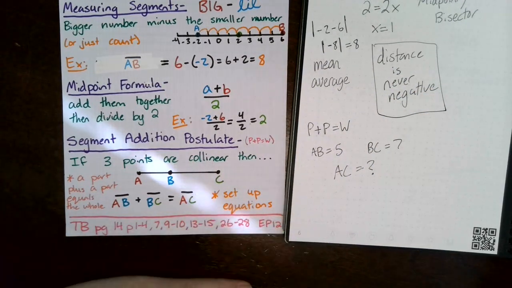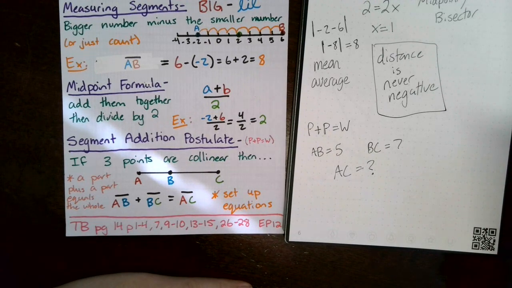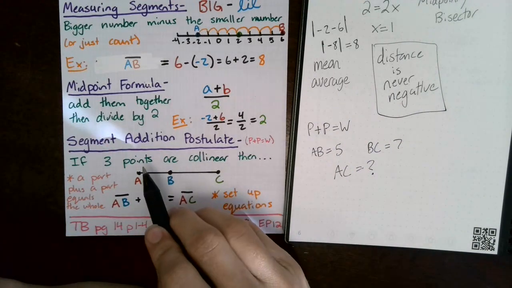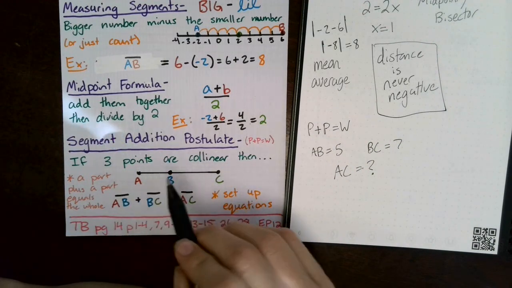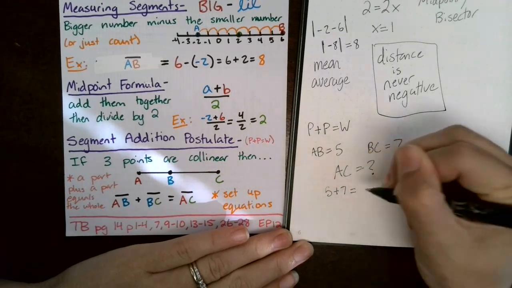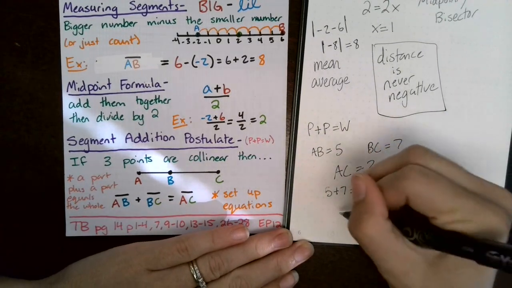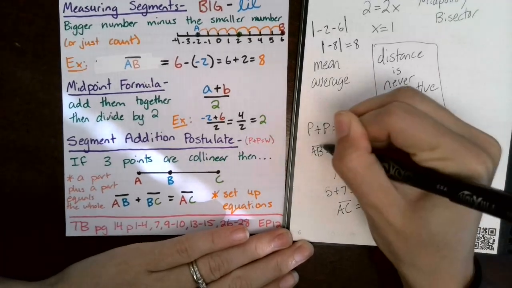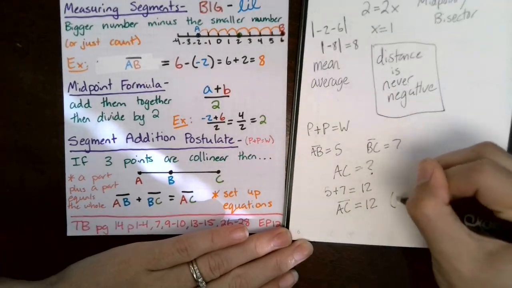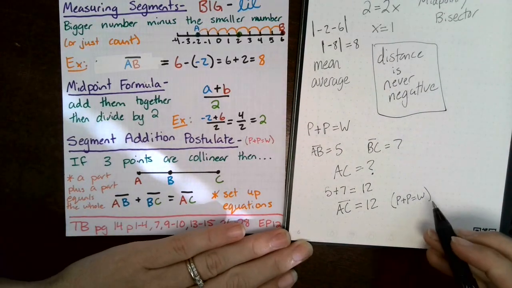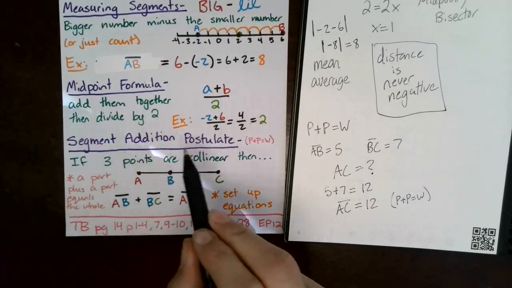Okay. So this is pretty simple here, very clearly. AB is 5, BC is 7. We can do this part plus this part, 5 plus 7, to get our whole. So we can say segment AC equals 12 because of part plus part equals whole. That is the shorter way to say segment addition postulate.